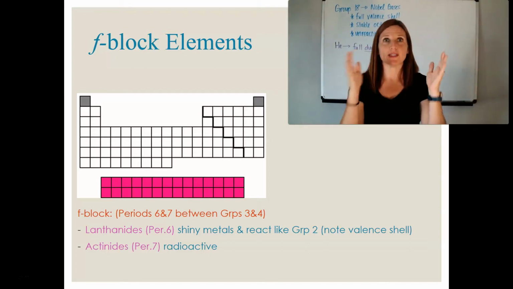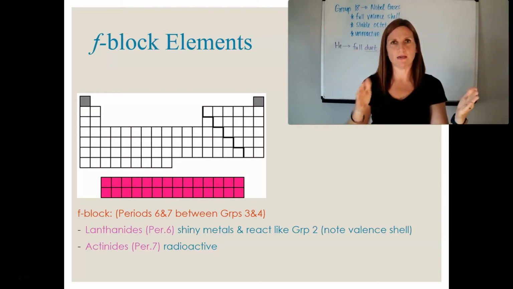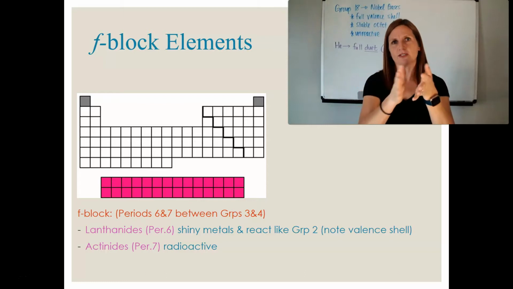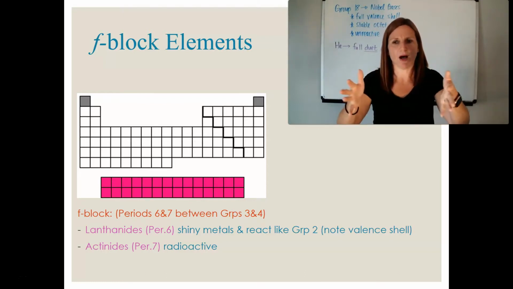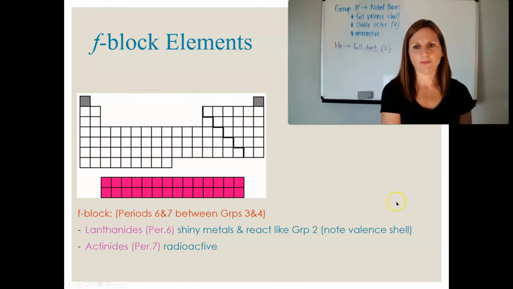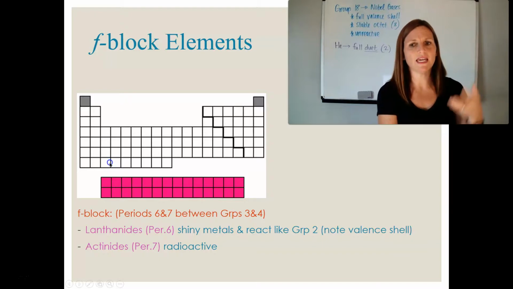So you've got the transition metals between the P block and the S block, and then you've got the inner transition metals that are kind of within the D block. Remember, this F block gets added right here to the periodic table. So it comes right in the middle of the transition metals. So we call it the inner transition metals.